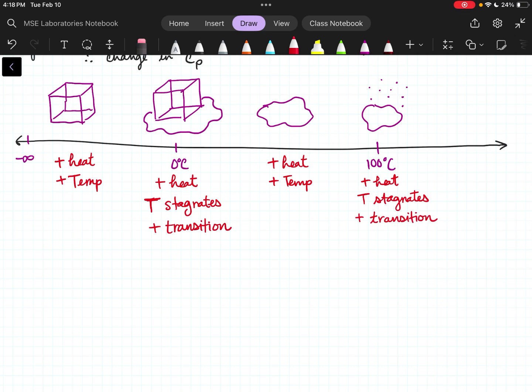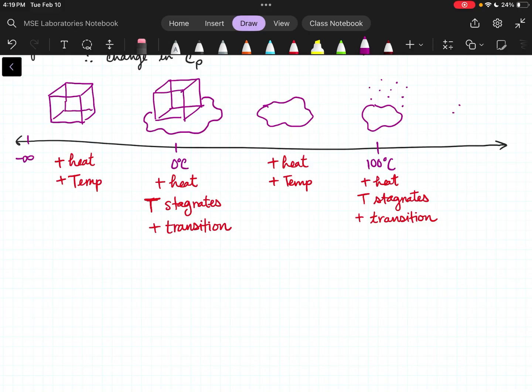And all of the heat energy that's going into the water is being converted into transition energy for the steam, because again, evaporation is an endothermic reaction. It's absorbing that heat.